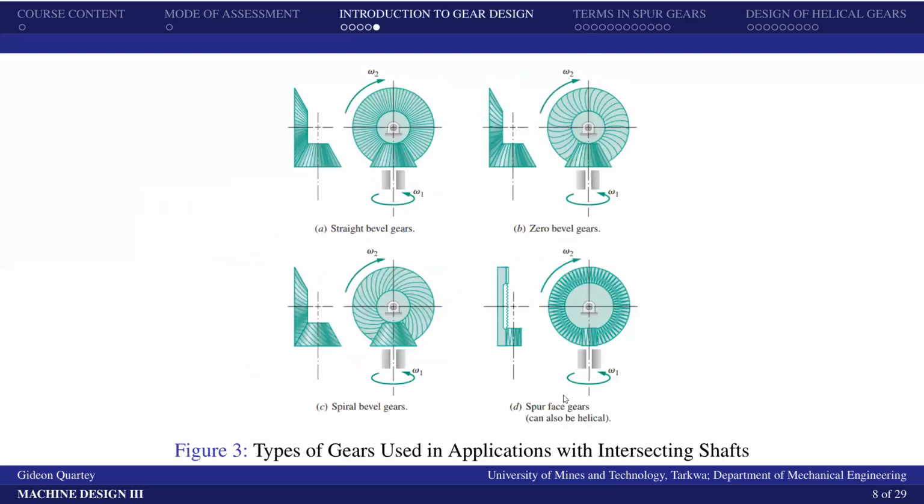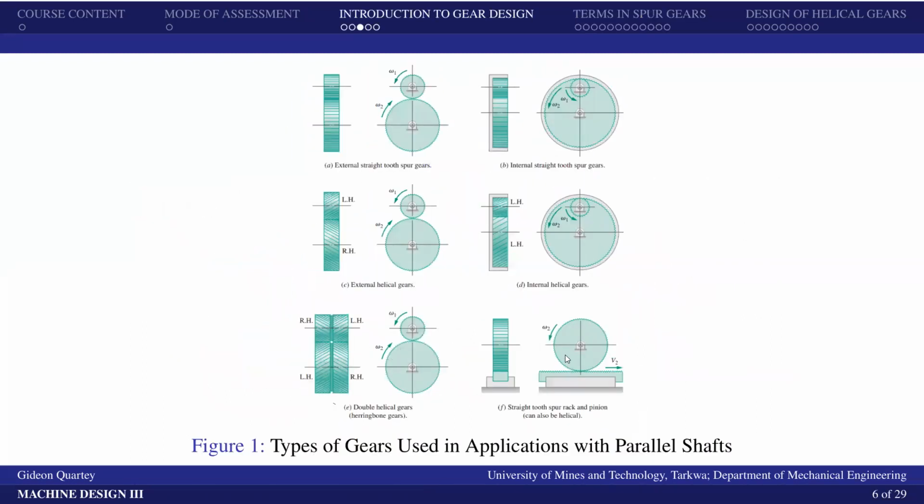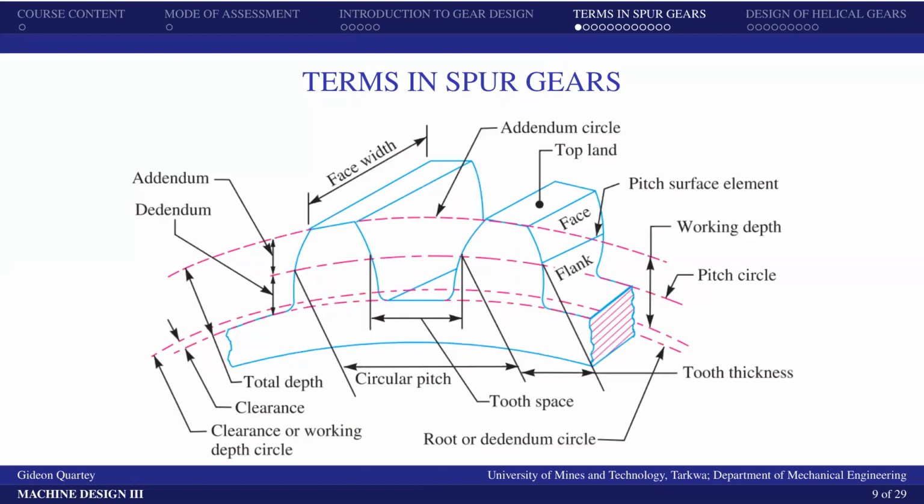So we have things like addendum, the face width, addendum circle, top land, pitch surface element, working depth, the pitch circle, flank of the gear.